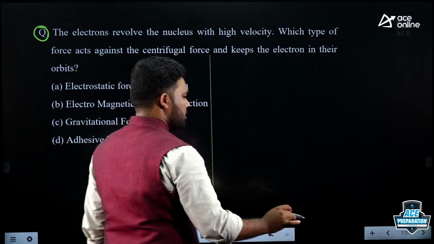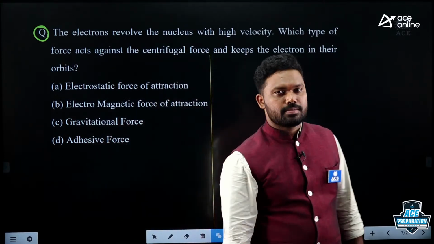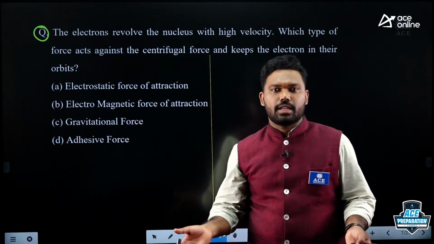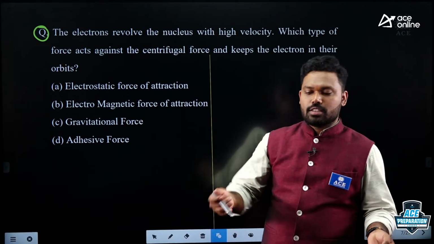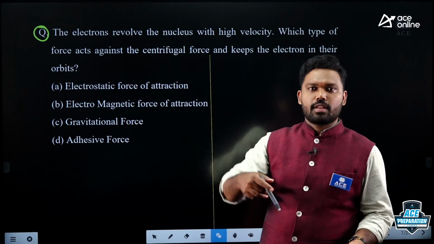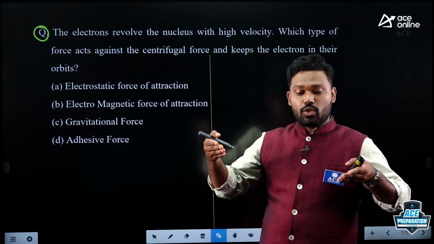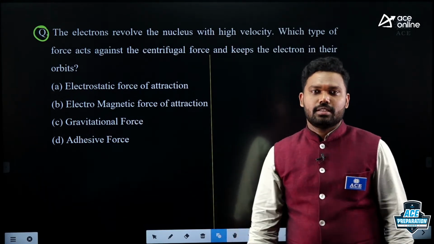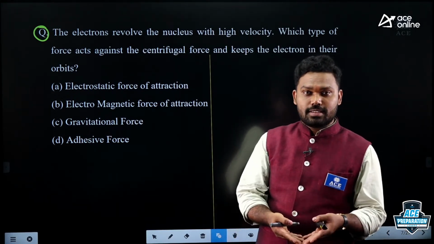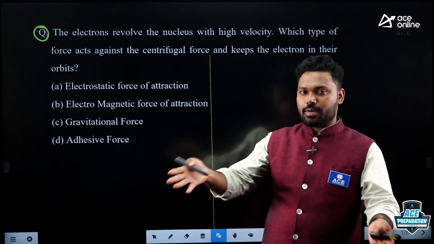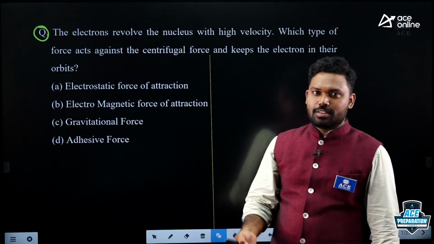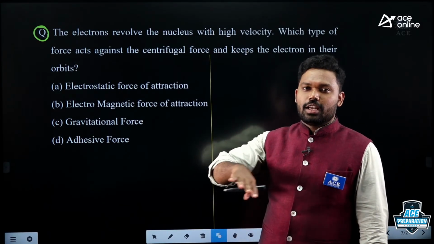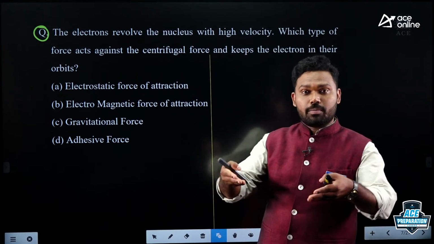This was my big confusion during my school days. What is centrifugal and centripetal? Suppose some body is revolving. What is the centripetal? The force which acts towards the center. Petal, remember the rose petals. One of my teachers told this example. How will the petals be?